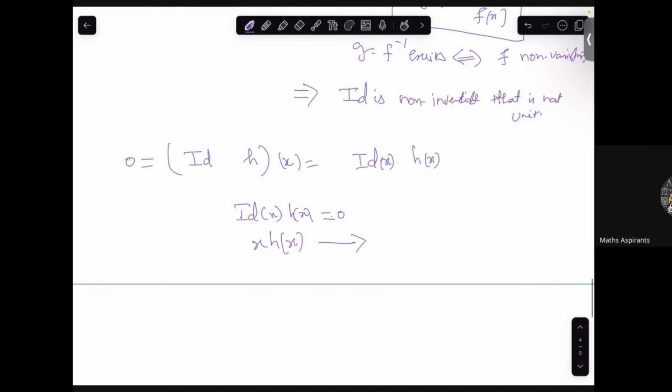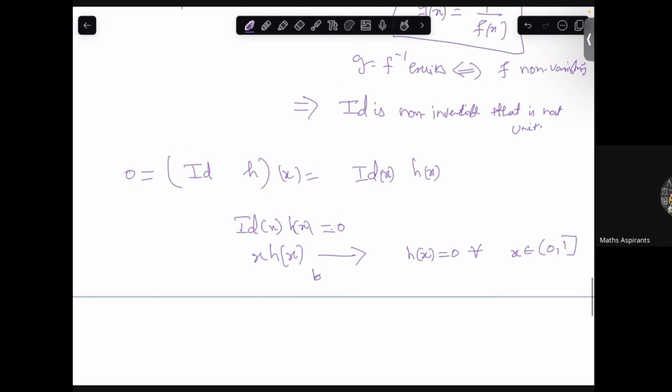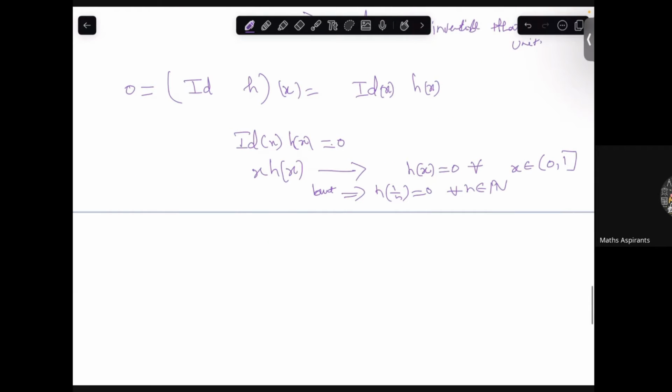Now it is a real number, x into h of x. That implies h of x equals zero for every x belonging to the interval open zero, closed one, because if you exclude zero, x is not zero. So h of x must be zero. But that implies indirectly h of 1 by n is 0 for every n belonging to natural numbers. Now limit n tends to infinity of h of 1 by n equals h of the limit as n tends to infinity, which is h of 0.